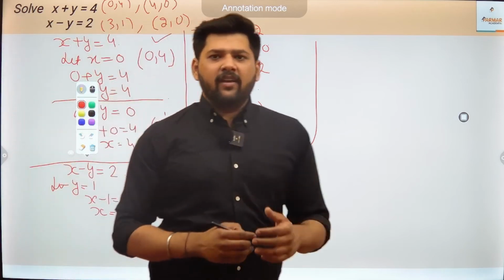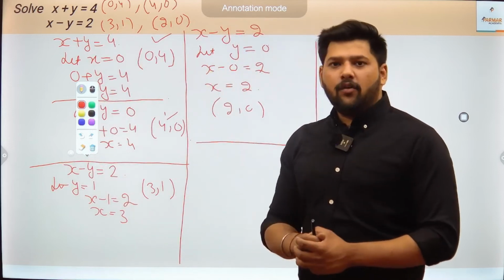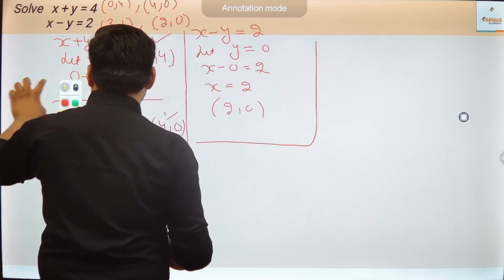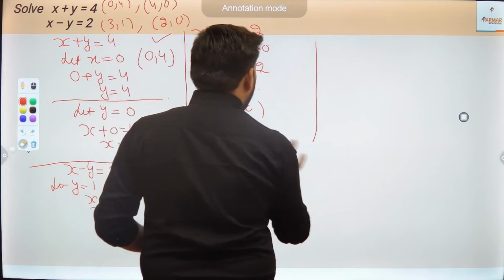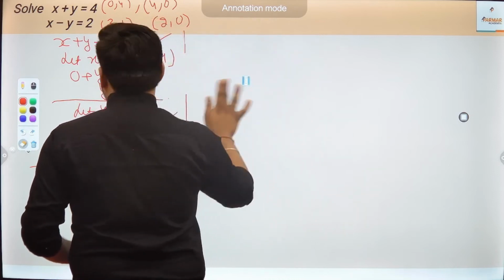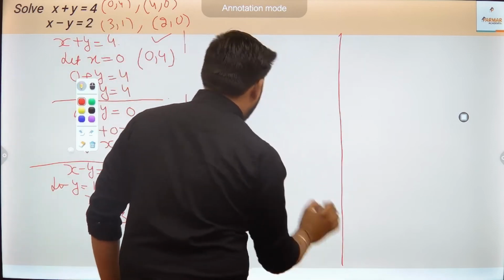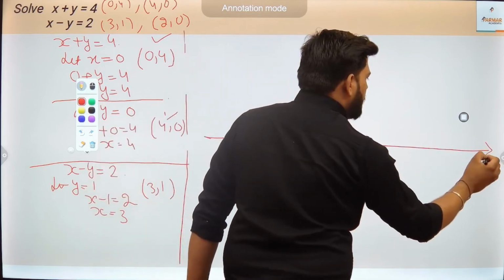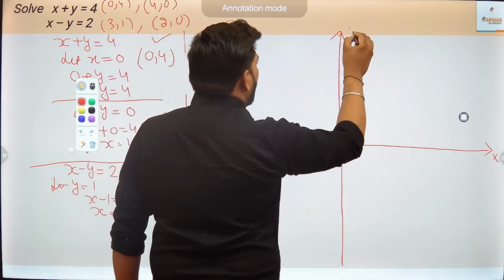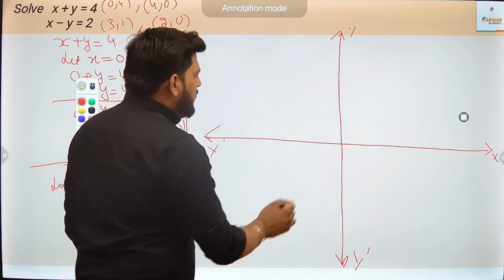Now we have two solutions for each equation. Now we have to draw the graph of these two linear equations in two variables. For that, we have to draw a Cartesian plane, like x-axis and y-axis, and draw the lines. So look at here. This is the x-axis, x dash, y and y dash, and this is the origin.